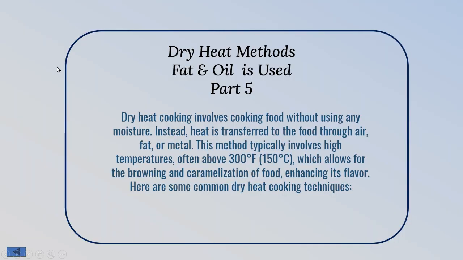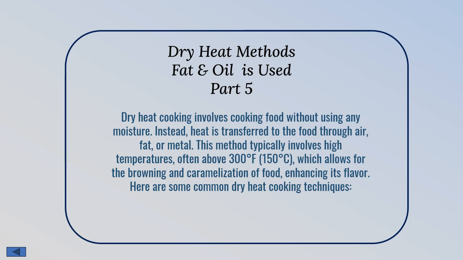Dry heat cooking involves cooking without using any moisture. Then what is used? Instead, heat is transferred to the food through hot air, fat or metal. This method typically involves high temperatures, often above 300 degrees Fahrenheit or 150 degrees Celsius.